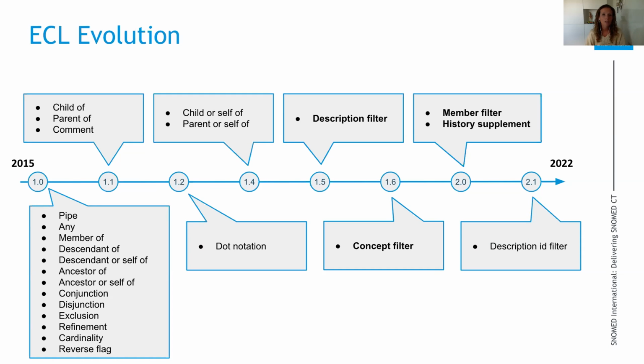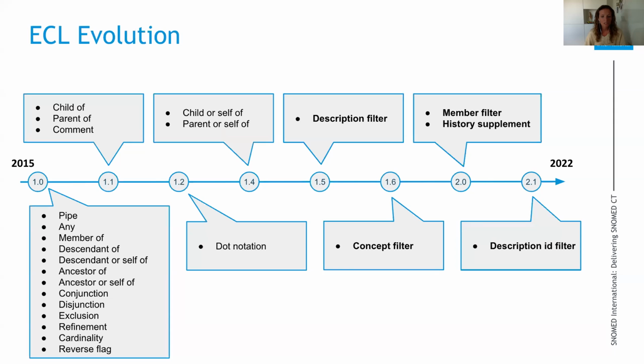I will talk more about these two features in a moment. In July 2022, so just recently, version 2.1 was published, allowing description filters to filter results using description identifiers, and also to harmonize the dialects alias filters with the Internet best current practice specification.